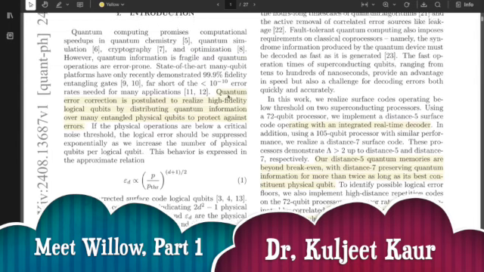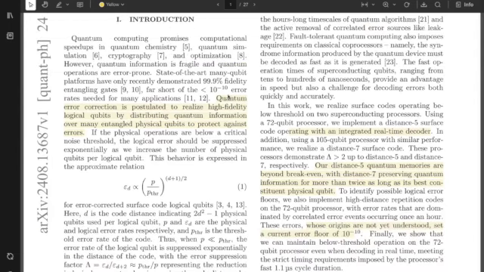So what I was saying is that going towards quantum error correction, the first step is similar to what we were doing in the classical repetition code. Instead of storing information in one physical qubit, the information will be stored in many physical qubits, and together they compose what we call one logical qubit.